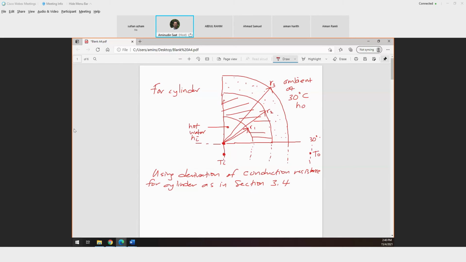So first you will pass through a resistance due to the convection.